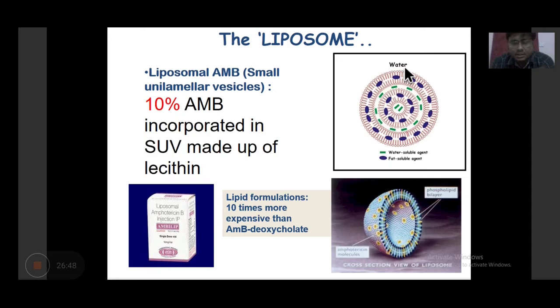In our country, where patients do not have very good socioeconomic status, it is very difficult to give them liposomal amphotericin B. So we need to do a cost-benefit analysis, and that is how we proceed. Mostly we are not able to afford liposomal or lipid preparations of amphotericin. We ourselves, as doctors, are not able to afford it, so we mostly use the conventional amphotericin.